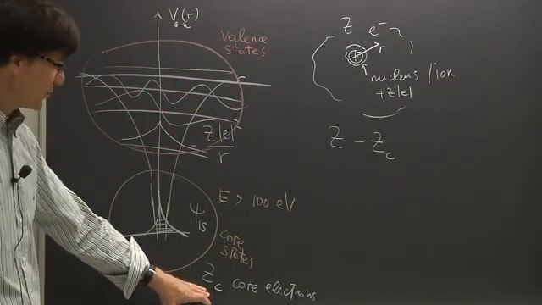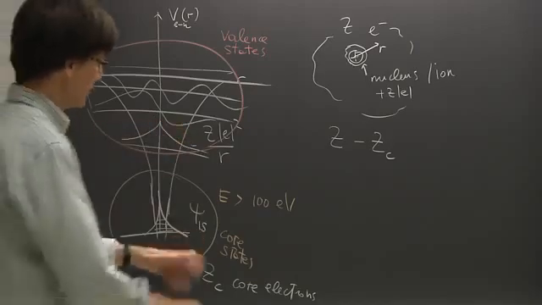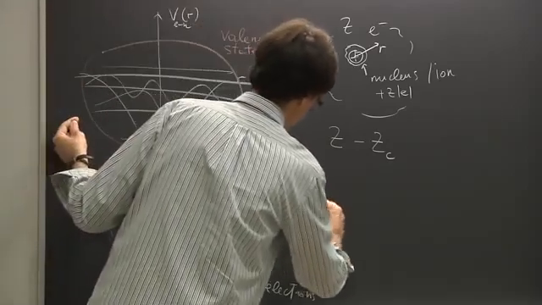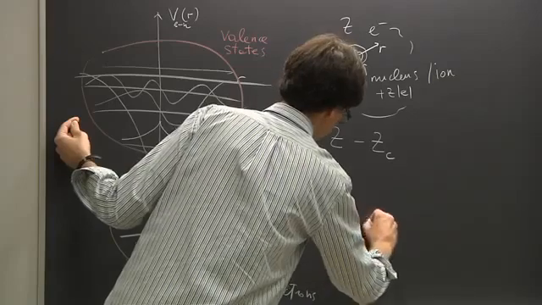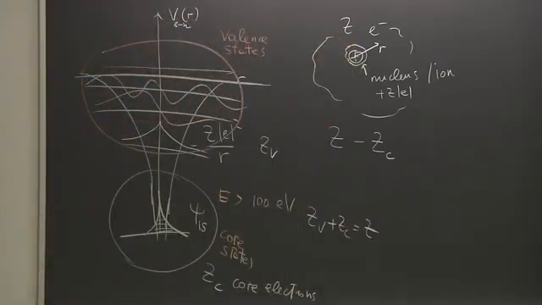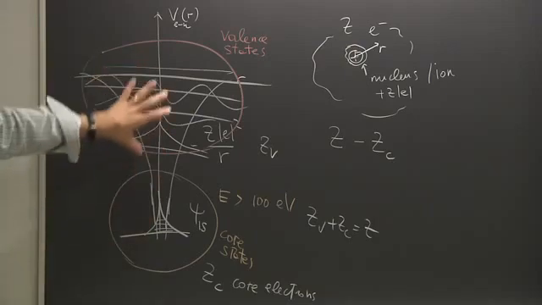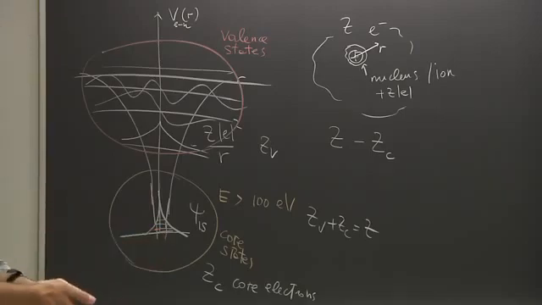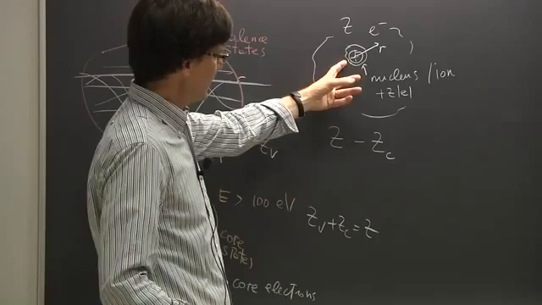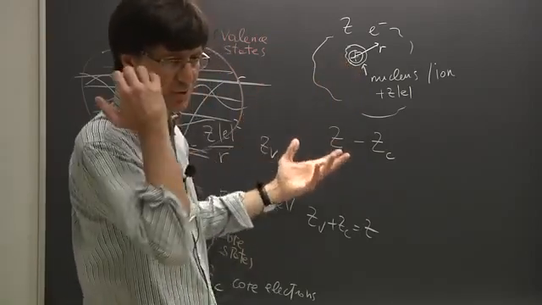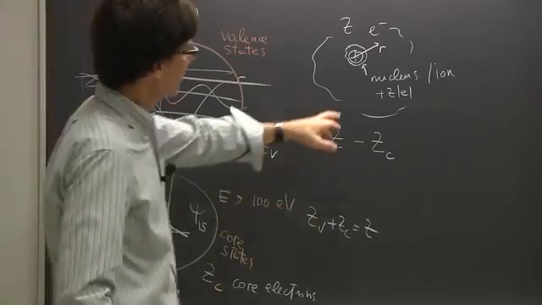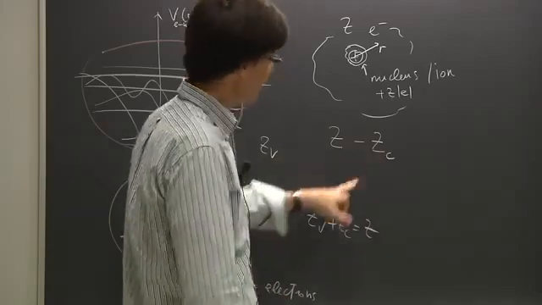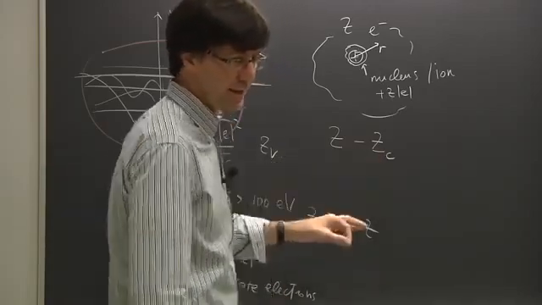If you have a given number of electrons that I can approximate to be in the core, of course there will be ZV electrons in the valence, and ZV plus ZC must be the atomic number. I partition my electrons into core states and valence states, and I assume I'm a valence state and I look at the core states, and the core states are delta functions, but if they're delta functions, they overlap with the nucleus and are indistinguishable from the nucleus. I see a point charge given by the nucleus of charge Z, and I see ZC point charges with opposite sign located at the nuclear position.